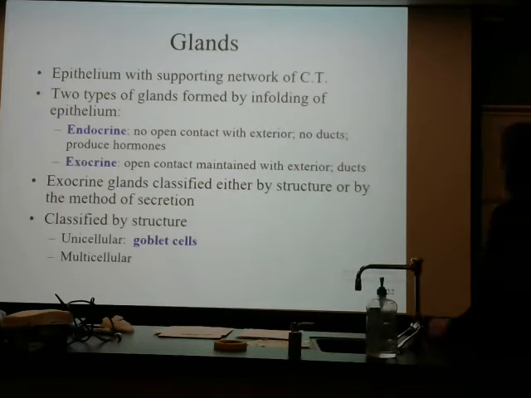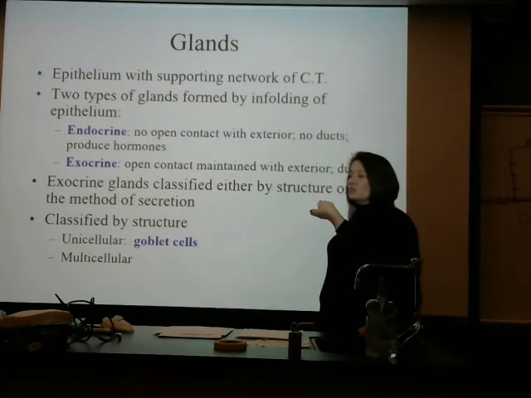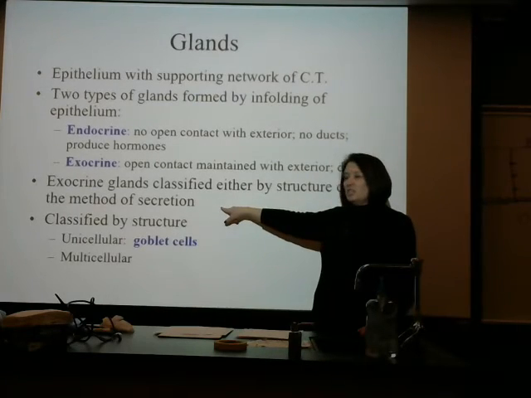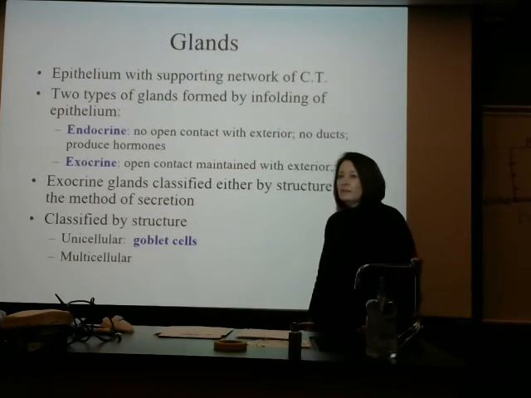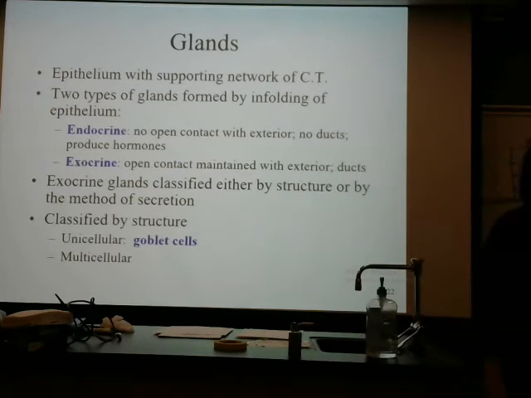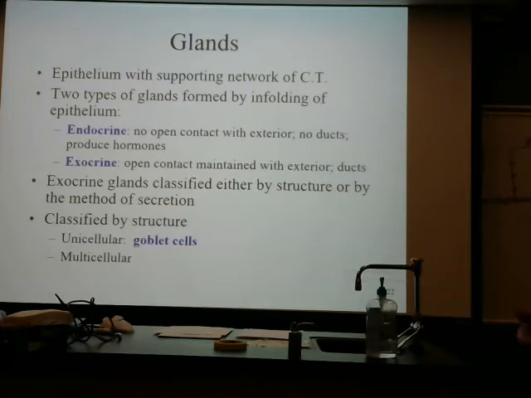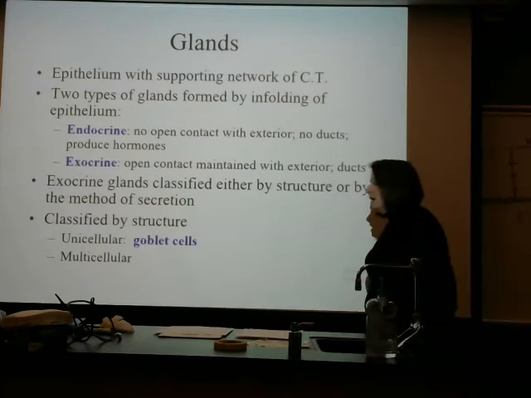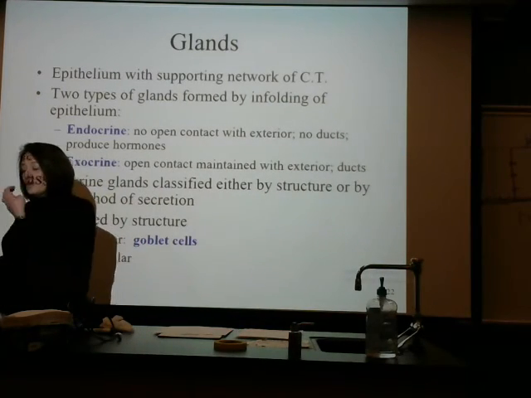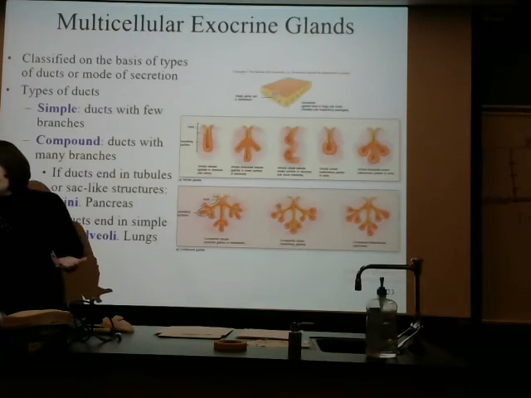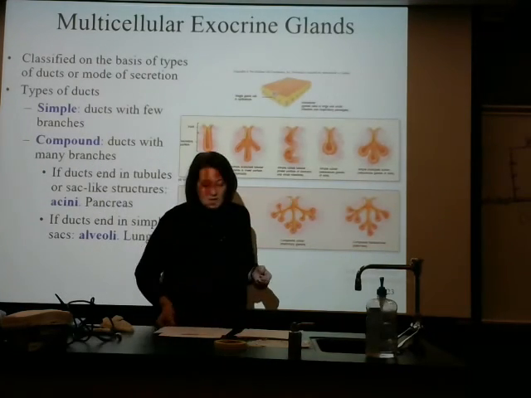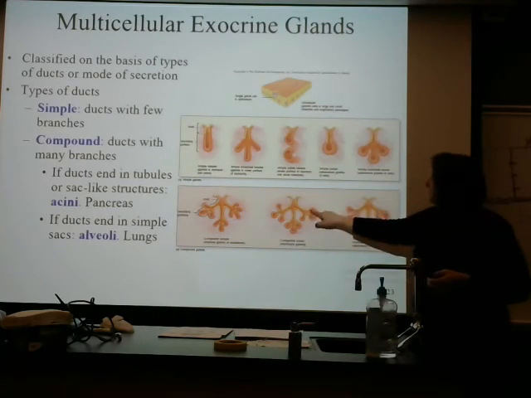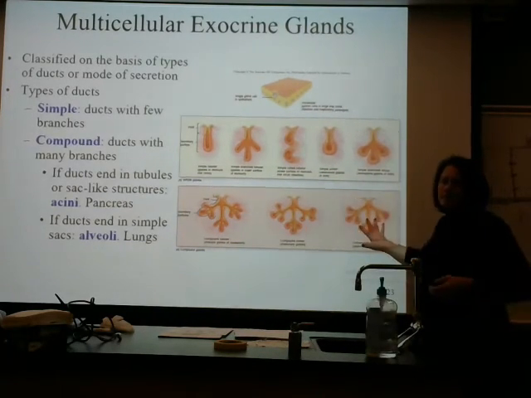So, we classify them by either their structure or their method of secretion. One is a single cell, meaning that's all it is, the goblet cell. That is a unicellular structure. And those produce the mucus that we find lining the openings of the body. Since we're looking at leaving the body, the other ones are multicellular, meaning they have more than one cell.